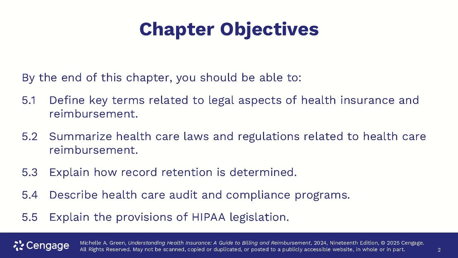I want to remind you that the AHIMA content outlines for your respective exams represent the floor of what you need to know and not the ceiling. A lot of people make a huge mistake of trying to memorize questions for the national exam. And I really think it's important for you to learn the information so that you can move beyond the exam, right? That you can learn some things to help you in the workplace.